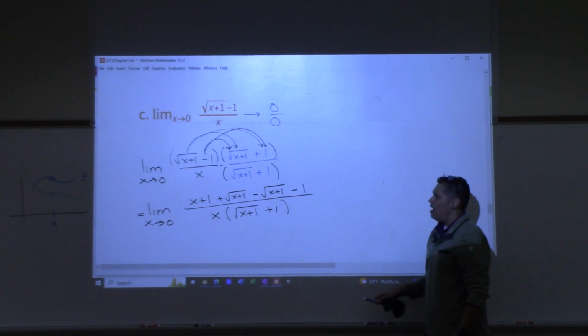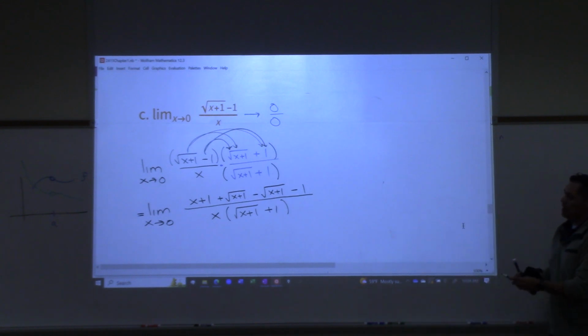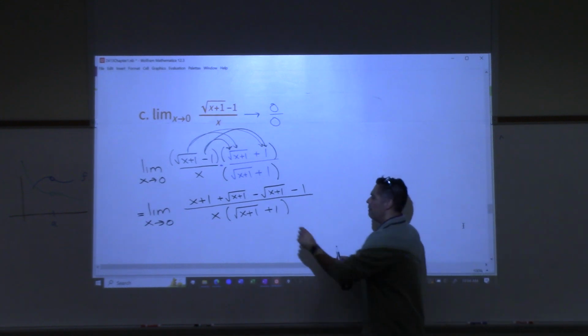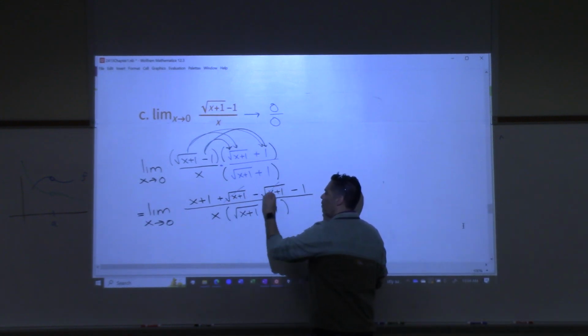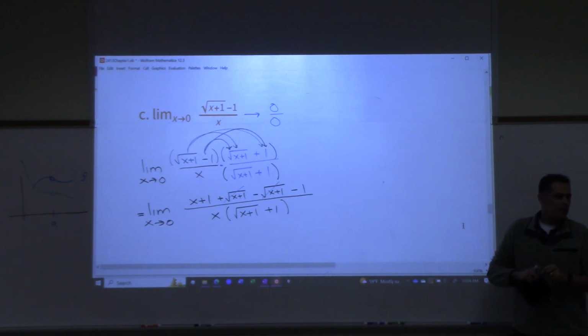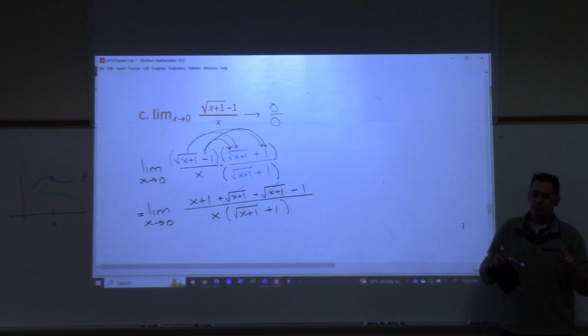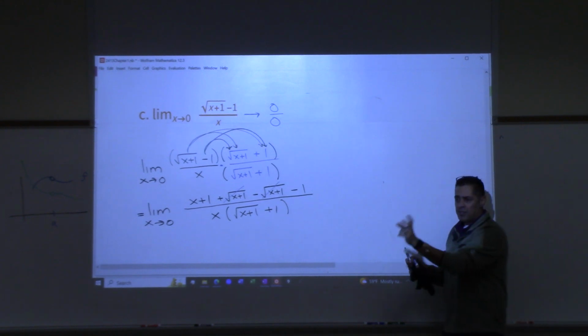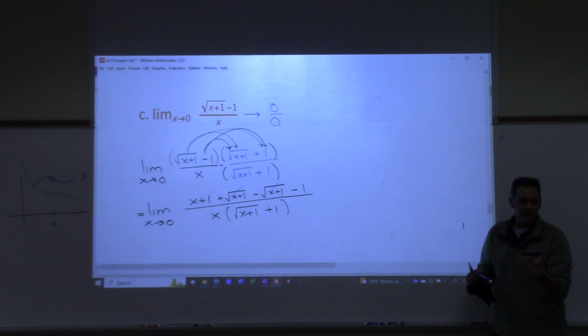What do you see on that conjugate? There's something actually pretty nice on that conjugate. What happens to those middle roots? They go away, right? This root and this root go away. That happens every single time on a conjugate. The middle terms cancel. Anytime you multiply something by its conjugate, the middle terms cancel.